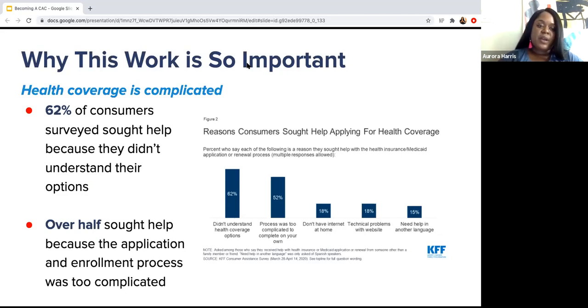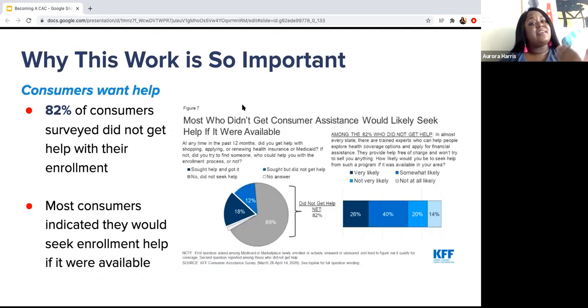They surveyed consumers, and 62% said they sought help because they did not understand their health plan options. Over half sought help because the application and enrollment process felt too complicated. In my experience, that definitely was the case. Also, consumers want help. 82% of consumers surveyed did not get help with their enrollment, but indicated they would have sought it if it were available.